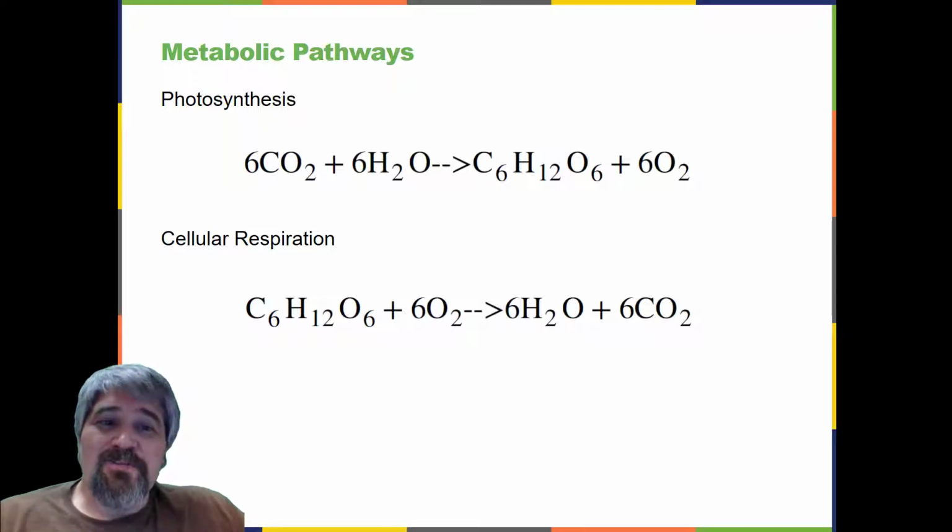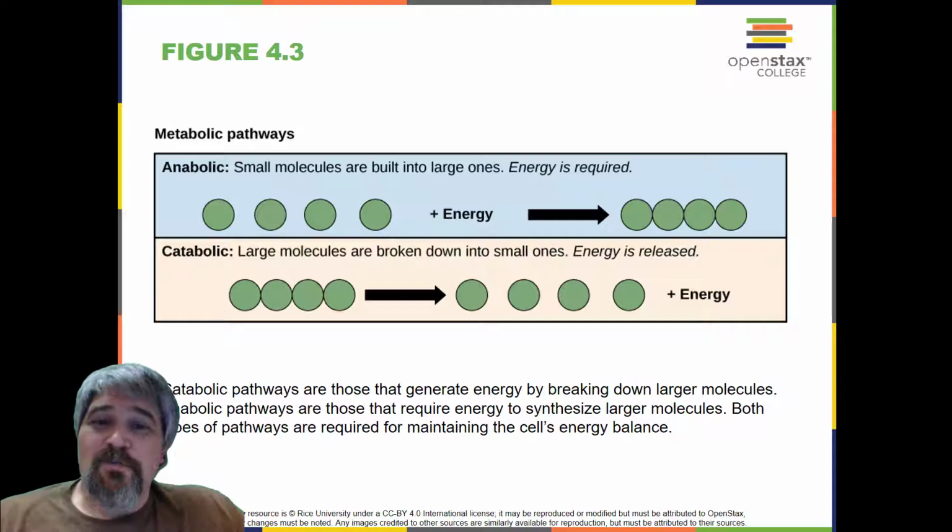In the example of sugar metabolism, the first metabolic pathway synthesized sugar from smaller molecules, and the other pathway broke sugar down into smaller molecules. These two opposite processes, the first requiring energy and the second producing energy, are referred to as anabolic pathways, building polymers, and catabolic pathways, breaking down polymers into their monomers, respectively.